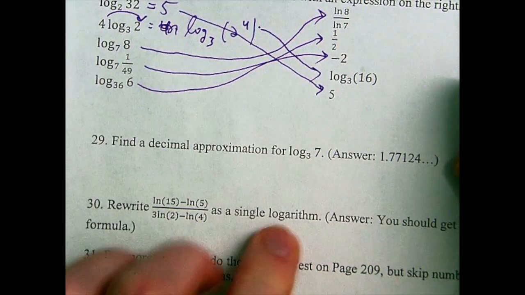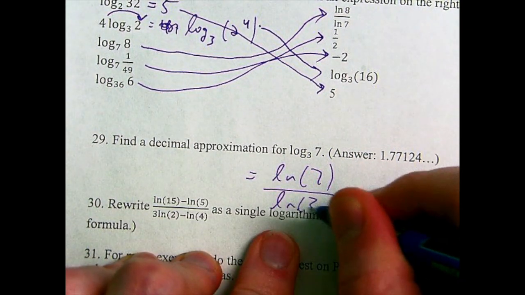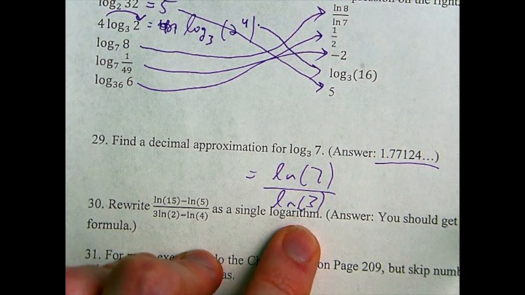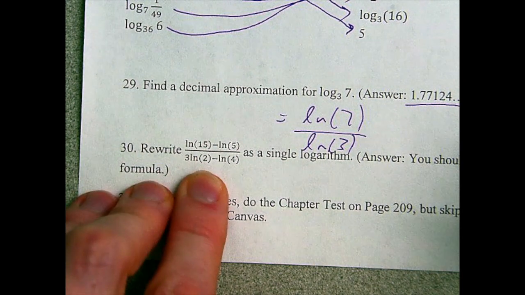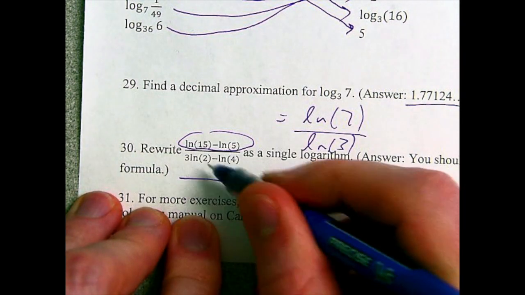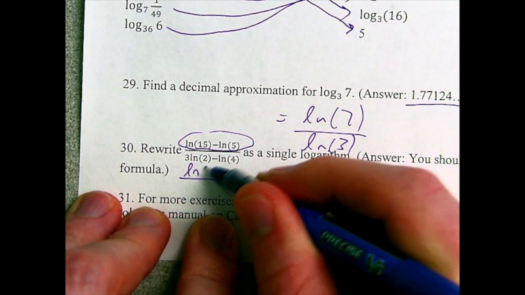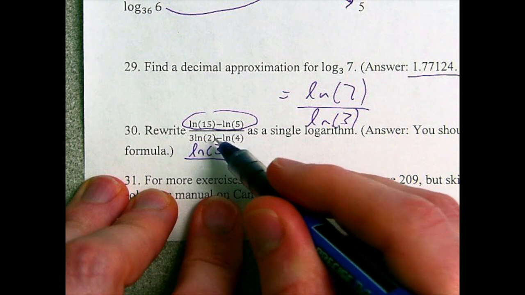This thing here, you just need to use the change of base formula. It's natural log of 7 over natural log of 3, and then you can use your calculator, and you'll get that answer right there. This guy here, rewrite this thing as a single logarithm. The numerator is going to be natural log of 15 over 5, which is natural log of 3. This one here, you can put the 3 on the inside of the natural log of 2.